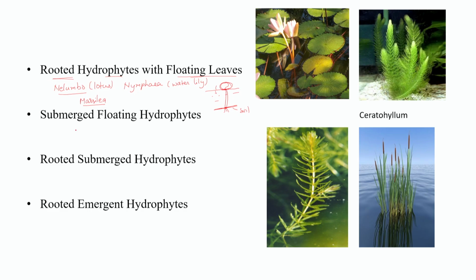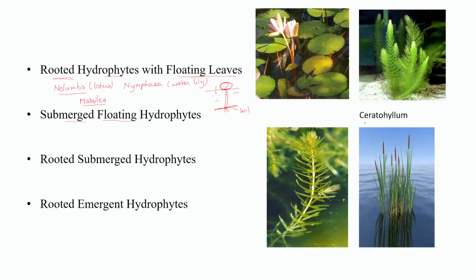Now coming to submerged floating hydrophytes. Submerged floating means they are completely inside water. Neither of their parts is exposed to the atmosphere. They are completely inside the water body, as you can see here, Ceratophyllum is an example, but they are submerged and floating.